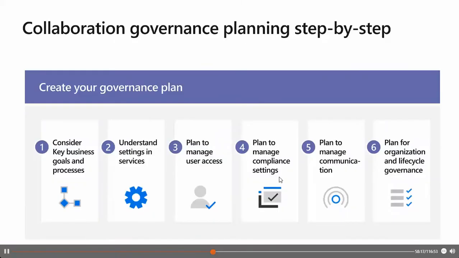Okay, let's take a closer look at the collaboration governance planning step by step. We have different components, from 1 to 6, for creating a governance plan for our organization. First of all, we need to consider the key business goals and processes to create our governance plan so it really meets the needs of our business.